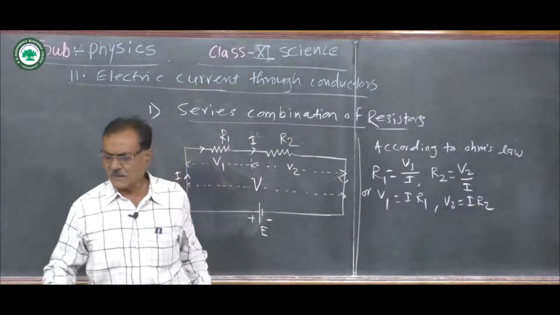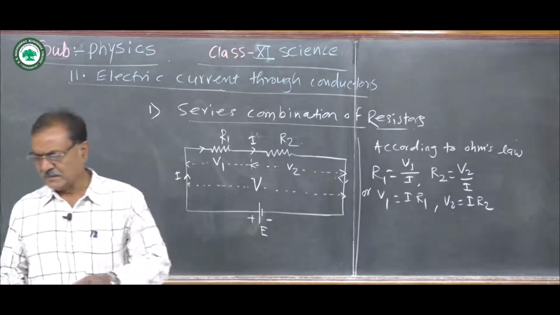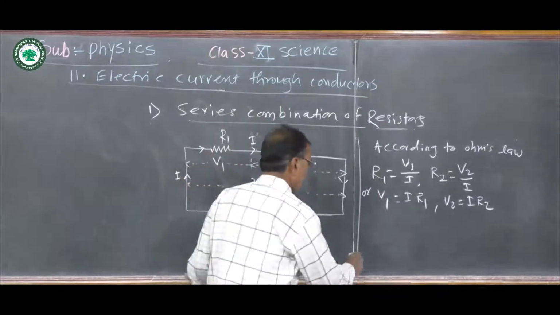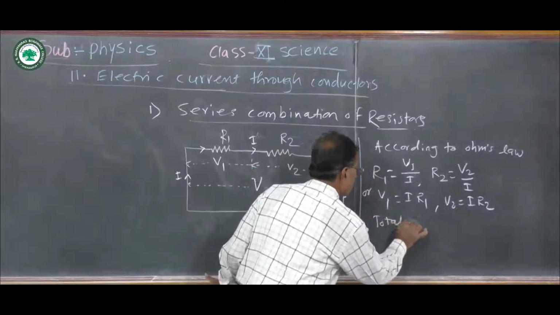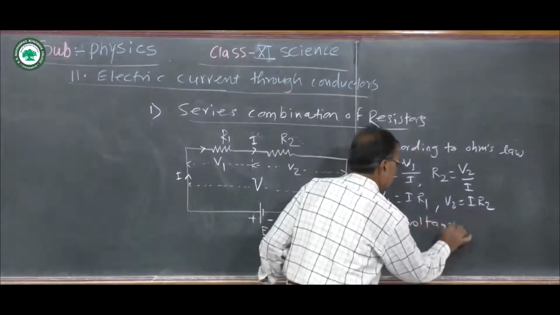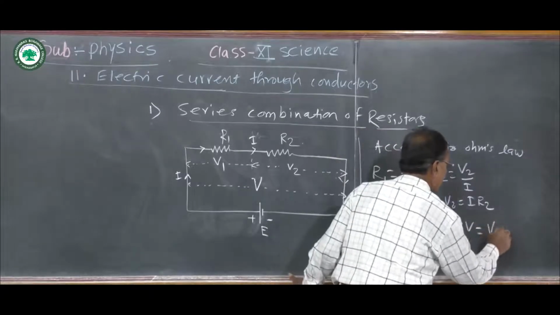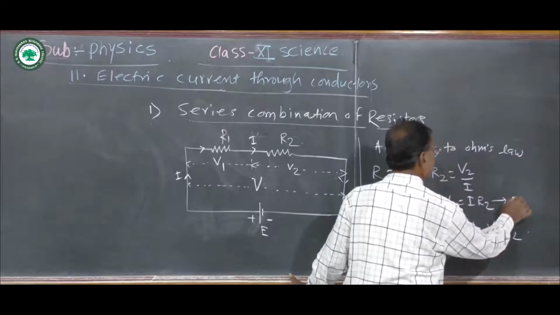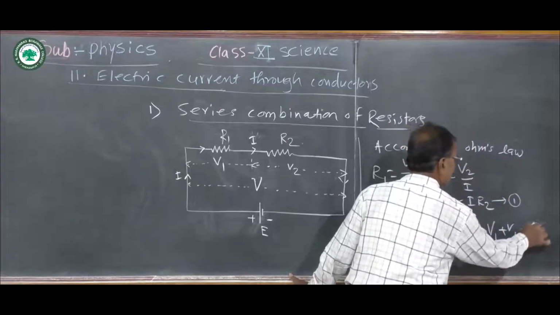Now, here the total voltage supplied by the cell is V equal V1 plus V2. Suppose this is equation 1, this is equation 2.